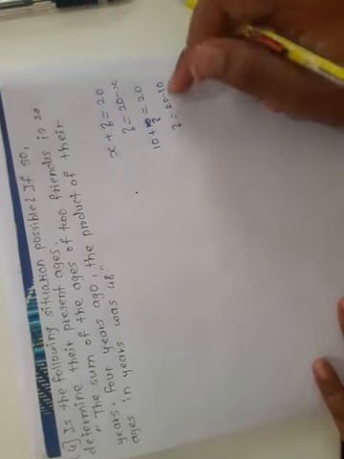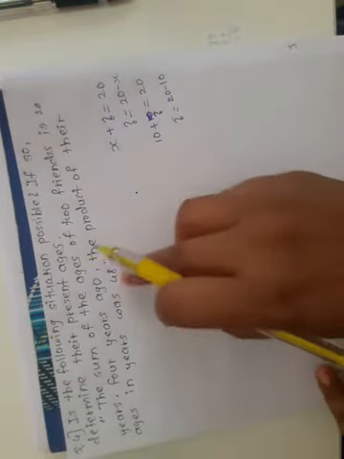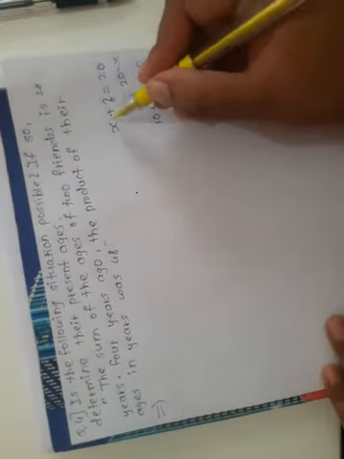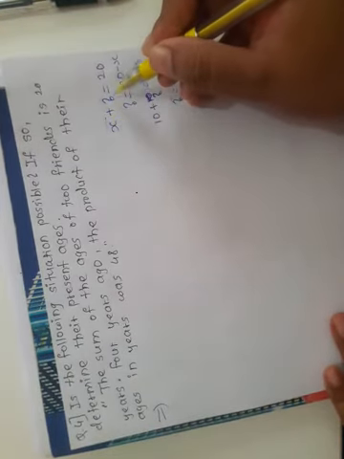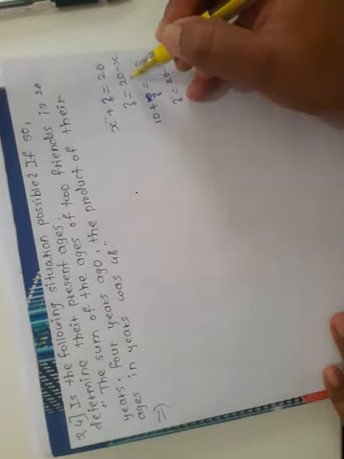We subtract 10 from 20 and get the second friend's age. In the same way, if the first friend's age is x, the second friend's age is 20 minus x.